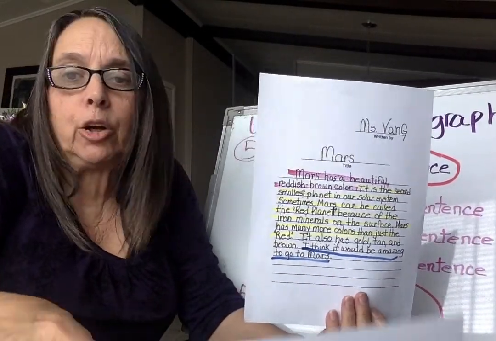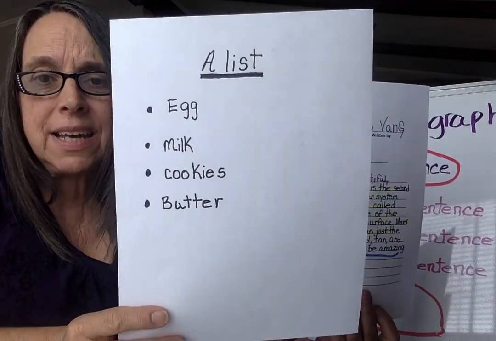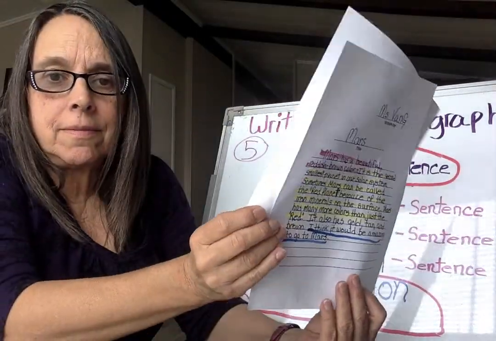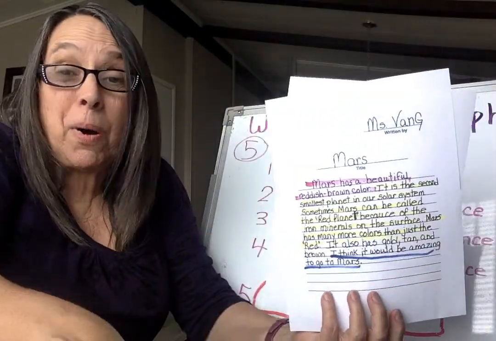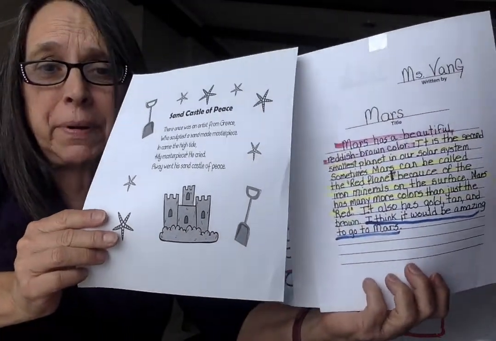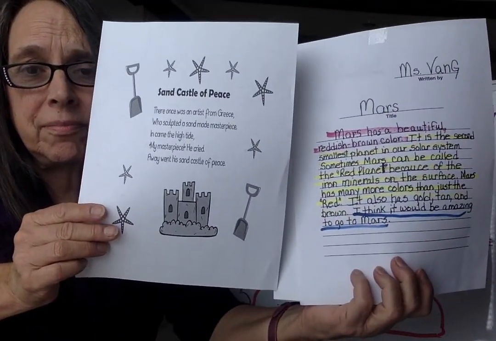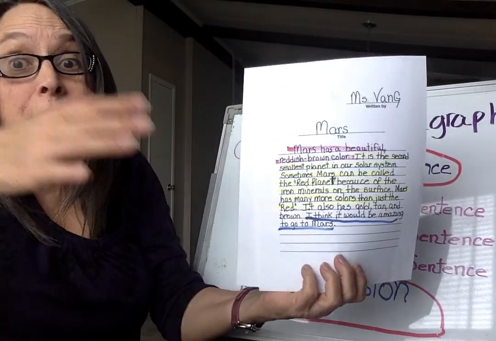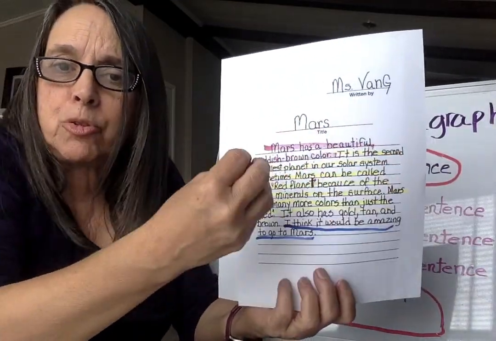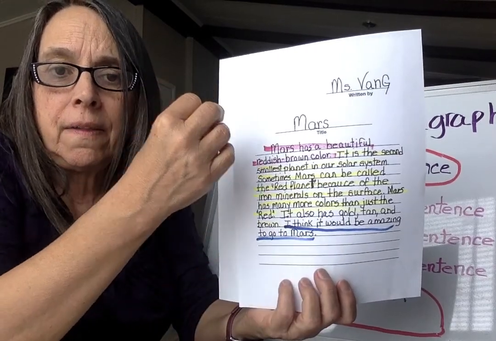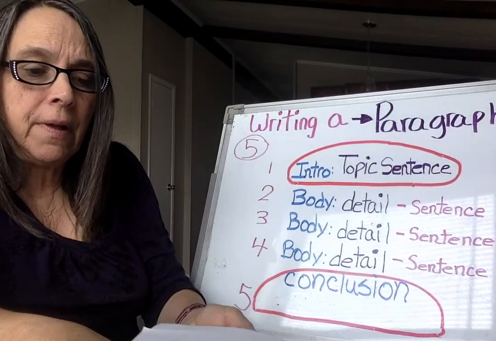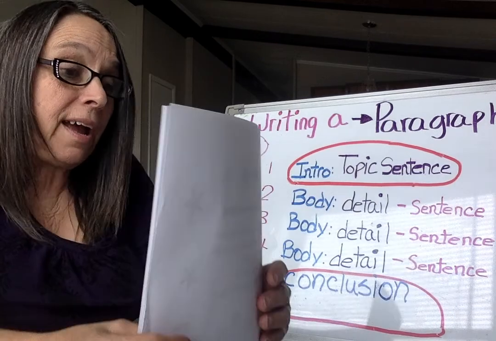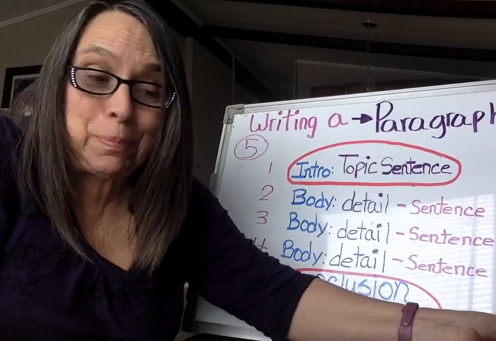Here's a list, like a grocery list or a Christmas list. And then look at a poem. Even a poem is different than a paragraph. A poem is going to be shorter, maybe longer, but it's not going to have the same structure as a paragraph does, okay? So, I think you're going to have a fun time writing about your favorite planet.